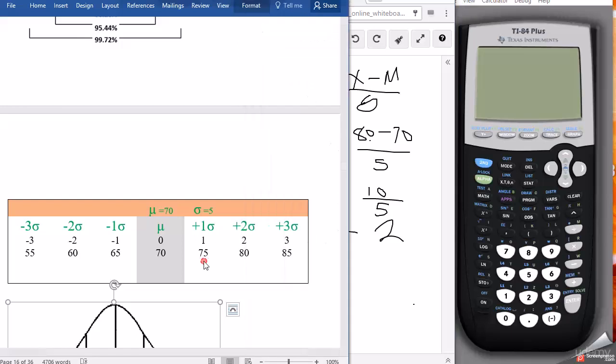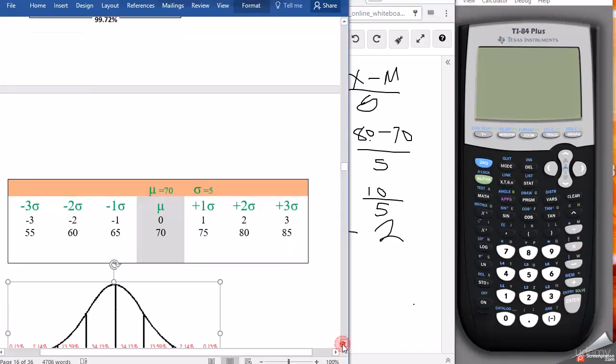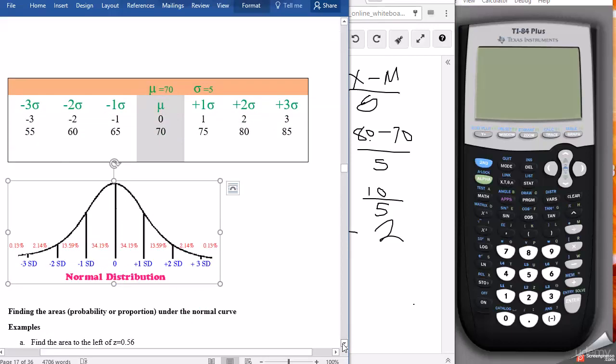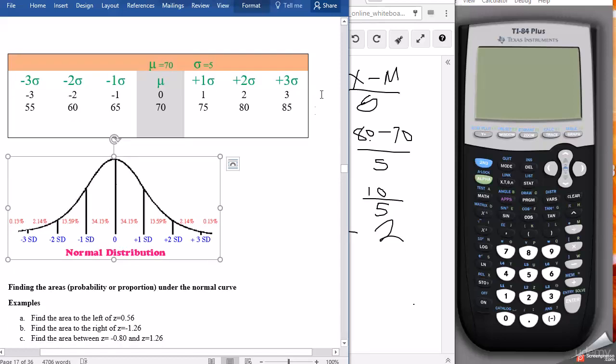As we have just found right here. Okay, so if we go down, we're going to see further illustration of what we talked about, the standard deviations and the percentages for the empirical rule. Now going further down, we can see that at any point we can change area to z-scores.